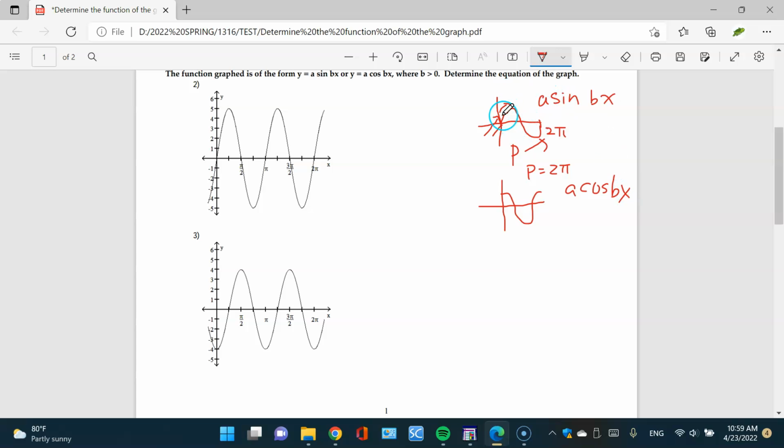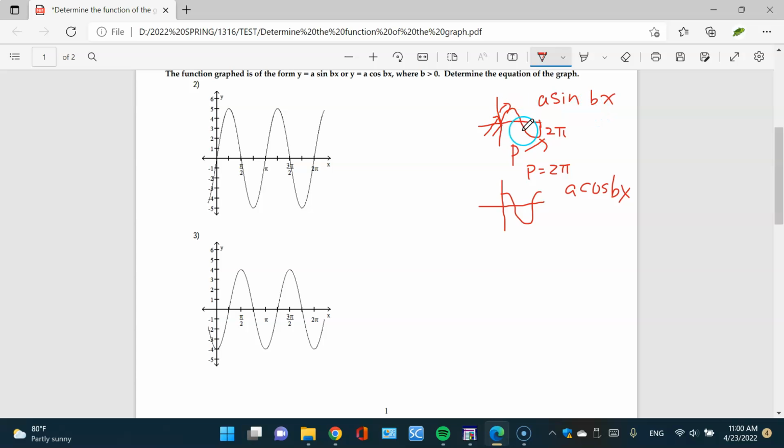A is the amplitude, right? That is the size of the curve, how high or how low on your y-axis. That is the amplitude. B is the number of frequency cycles within the 1 period.